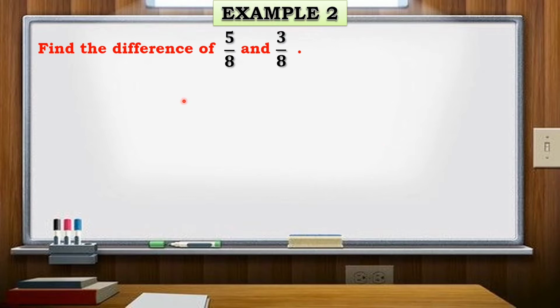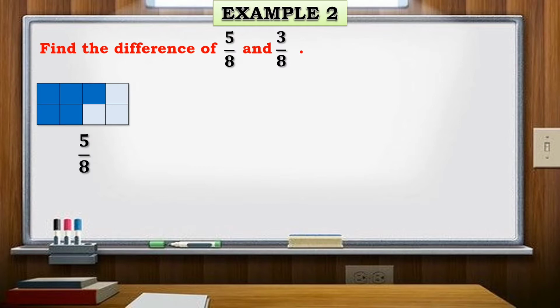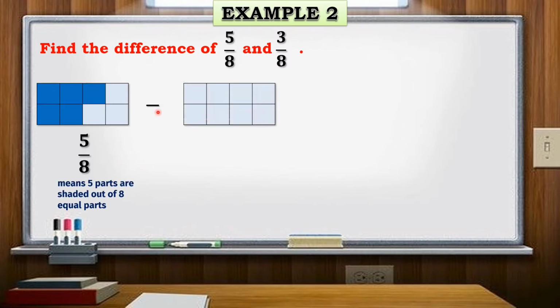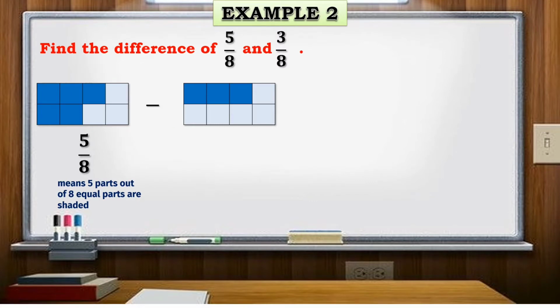Example 2. Find the difference of 5/8 and 3/8. Let's show the illustration of 5/8. It means 5 parts out of 8 equal parts are shaded. Minus 3/8.